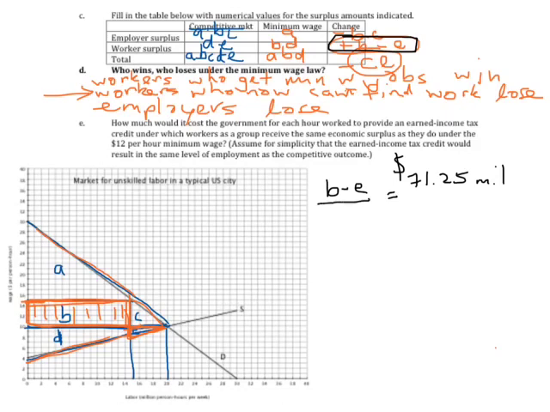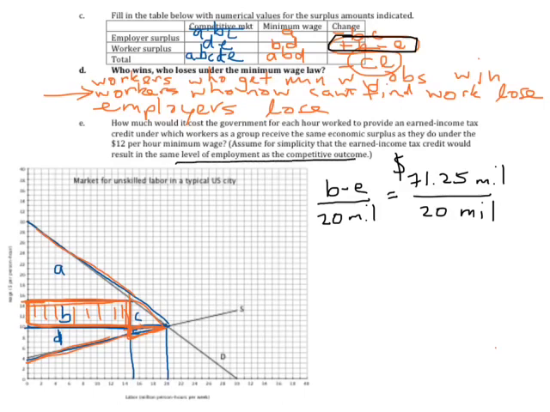And then I divided that by the number of worker hours, that was 20 million, because we want a dollar per hour answer. And by assumption, we have the same level of employment as the competitive outcome.